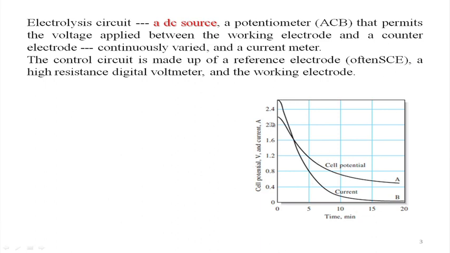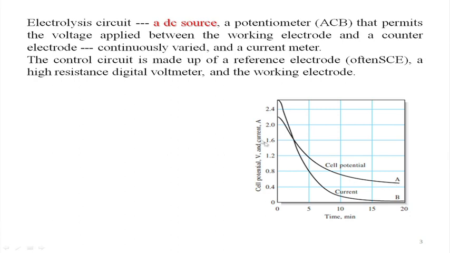This cell potential, initially you see, was around 2.2 when you start the electrolysis. With time it is decreasing initially in a very sharp manner, but after that not that way.